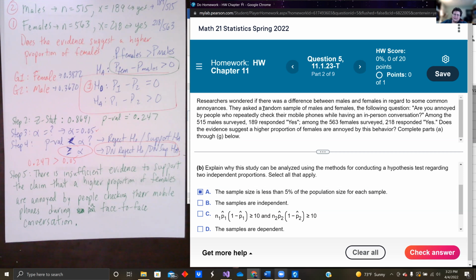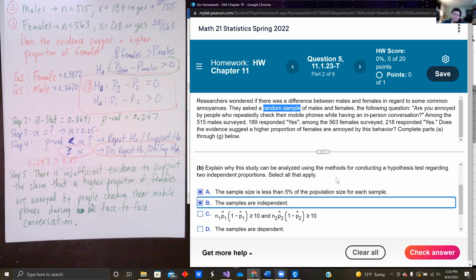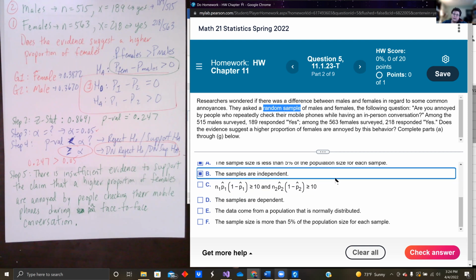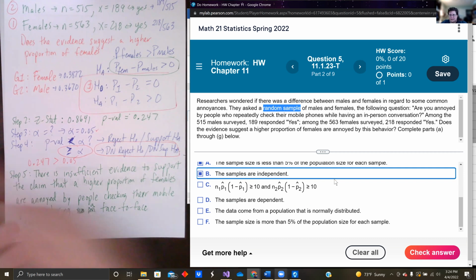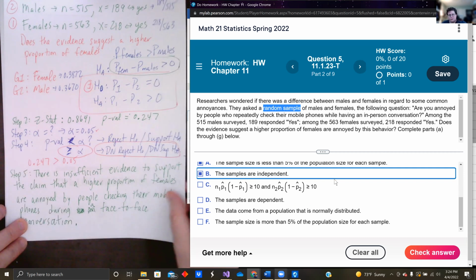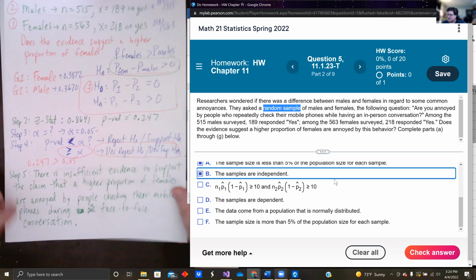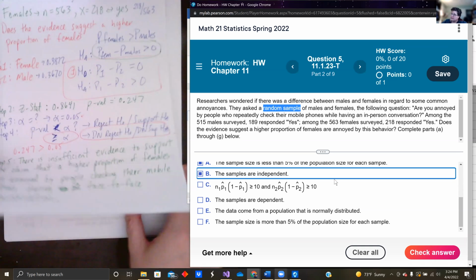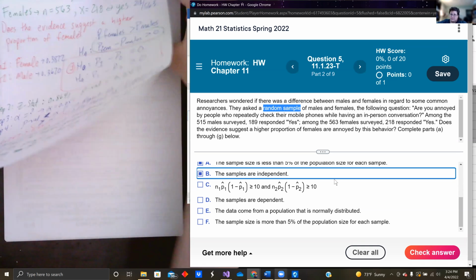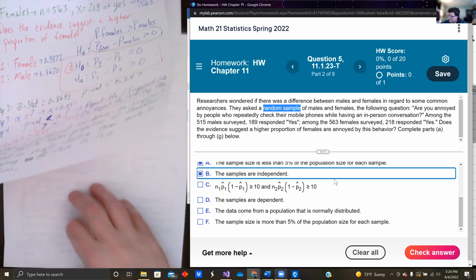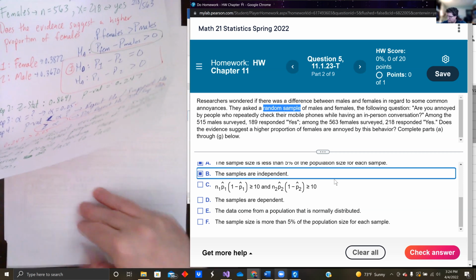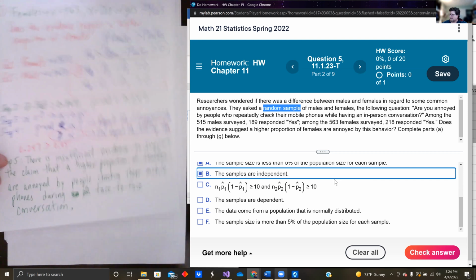They said they asked a random sample of males and females, so they should be independent. And we're supposed to check that n1 p1... you know what? I still didn't do it. So let's do that right now.